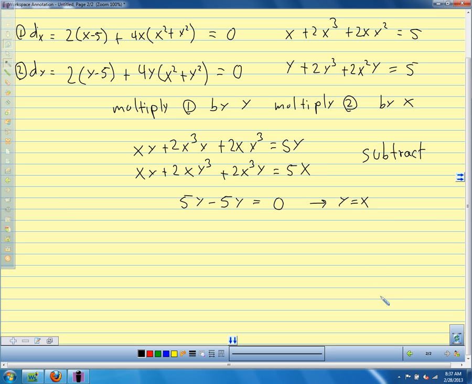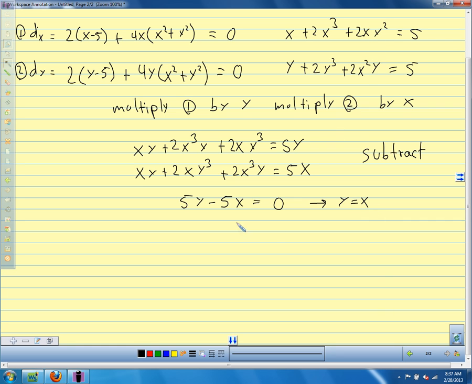What's that? Yeah, that should be 5x. It should be 5y minus 5x equals 0. So y equals x. Now I'm going to substitute this back into equation 1.